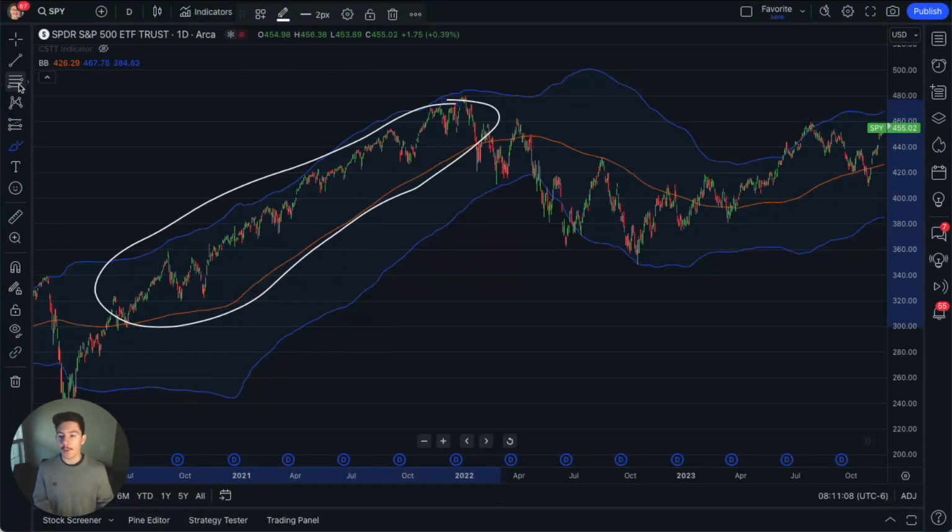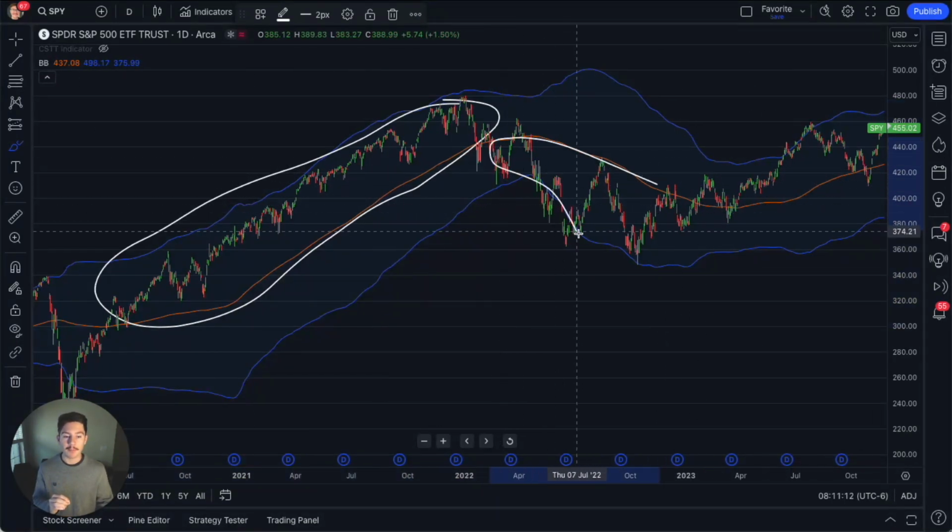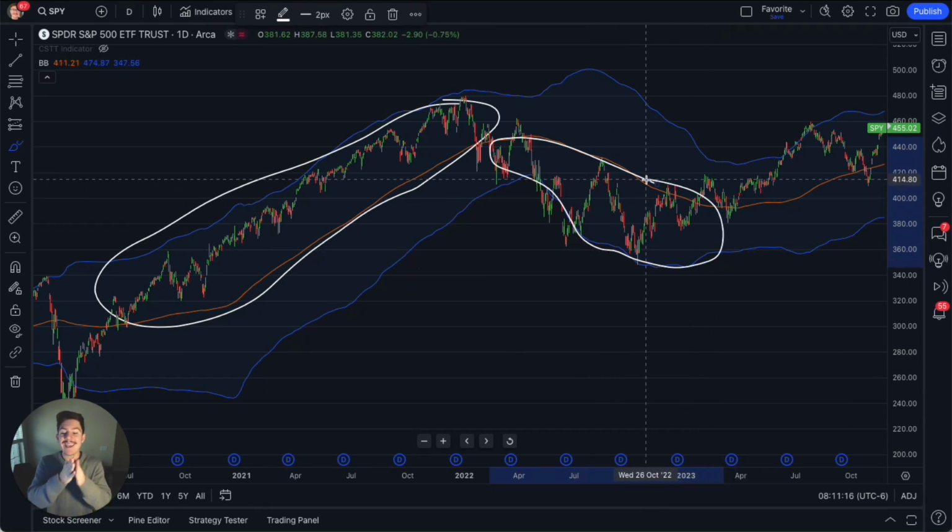Same thing below it. When you are below the middle line and above the bottom blue line, this is a downtrend. And so you're going to trade downtrend plays. You're going to trade support breaks. You're going to find rejection points. You're going to be trading the downside, short and inverse ETF. So that's exactly when you do it.